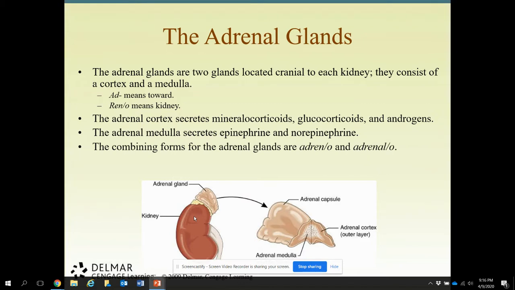They are located on the cranial or the top part of the kidney, and they consist of a cortex and a medulla, similar to the kidney. The adrenal cortex secretes mineralocorticoids, glucocorticoids, and adrenogens. The adrenal medulla secretes epinephrine and norepinephrine.